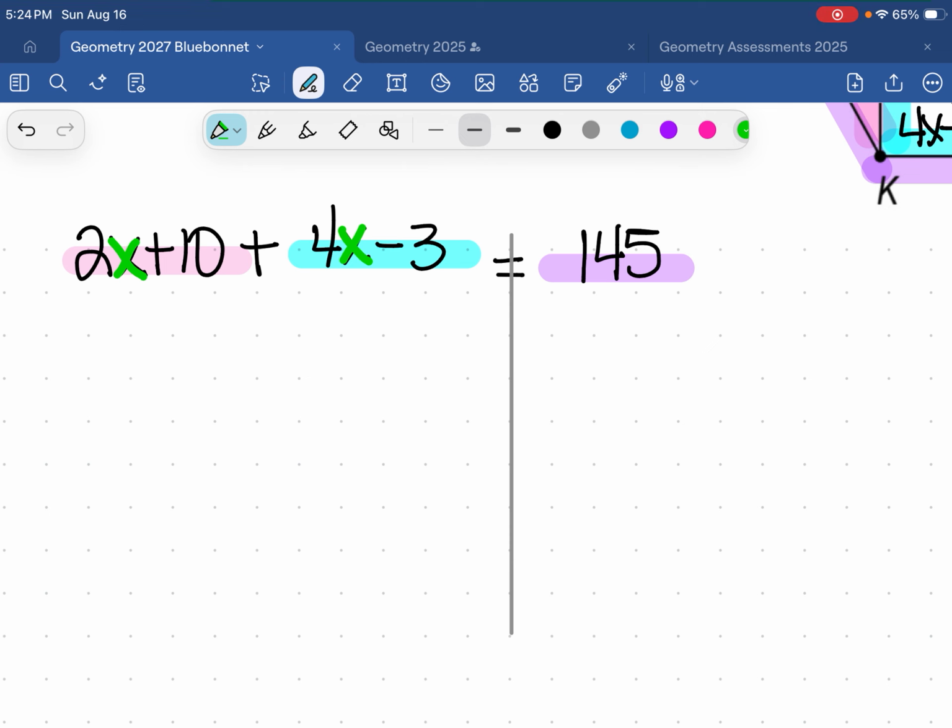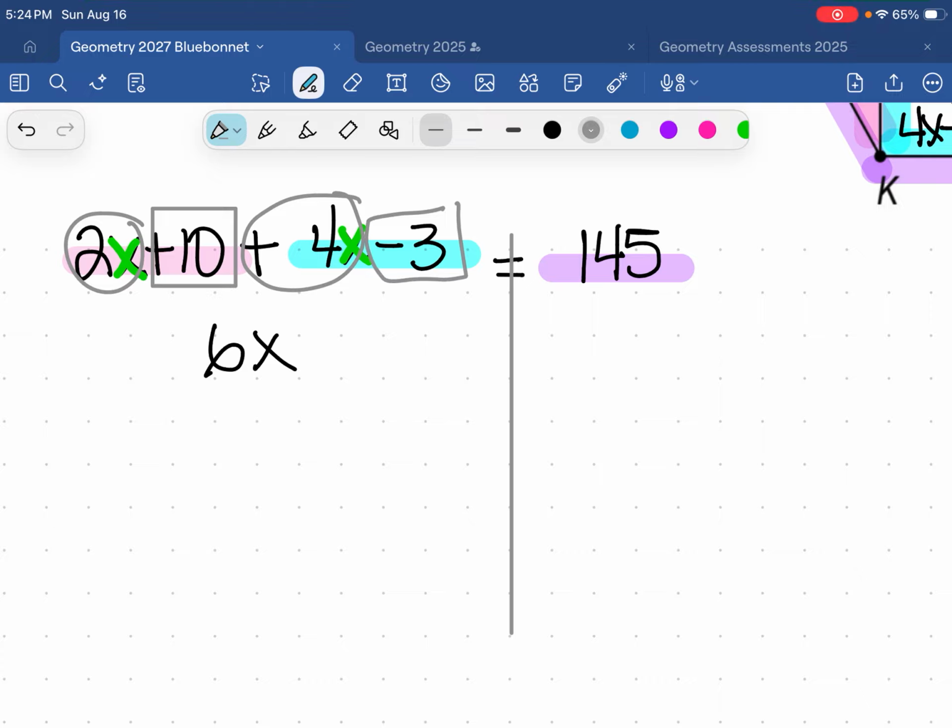So they are together on the same side. So I could go ahead and do 2x plus 4x, that's 6x. I could also take this positive 10 and subtract 3 from it, giving me plus 7 on this side.